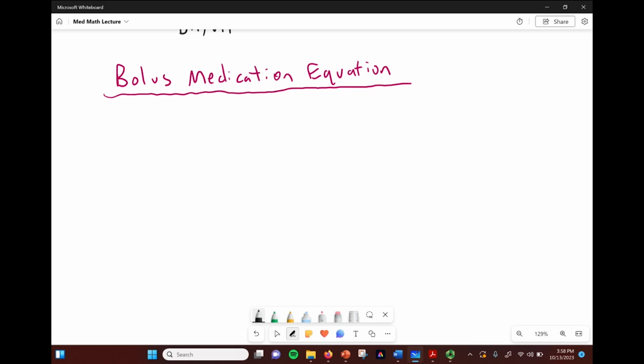So with this bolus medication equation, very simple. Desired dose, so how much do I want to give the patient, over, divided by, the drug on hand. How much medication do I have in my vial? So how much am I trying to give the patient, desired dose? How much do I have in the vial in my hand?